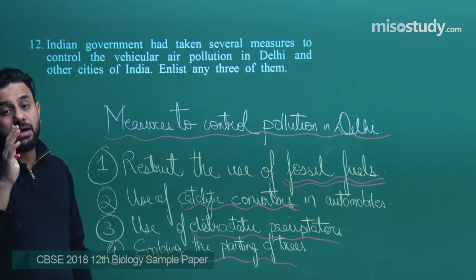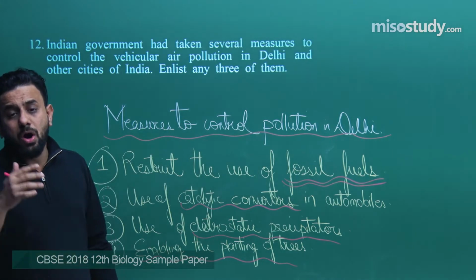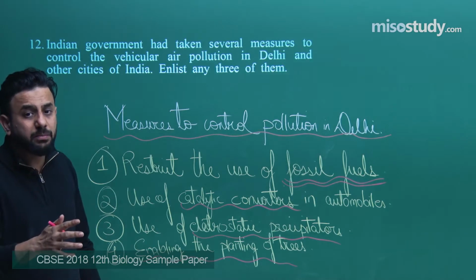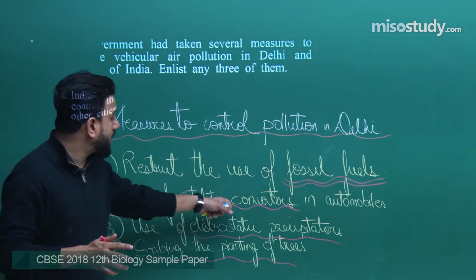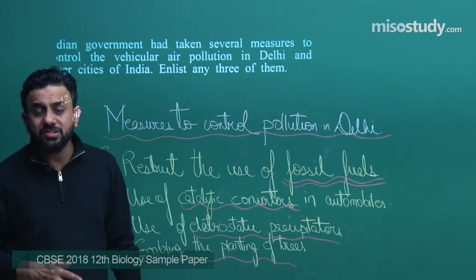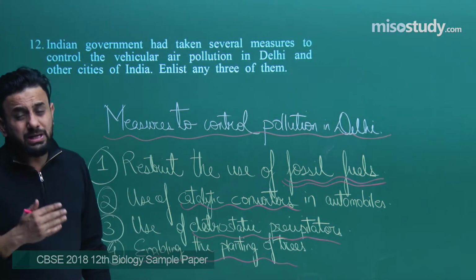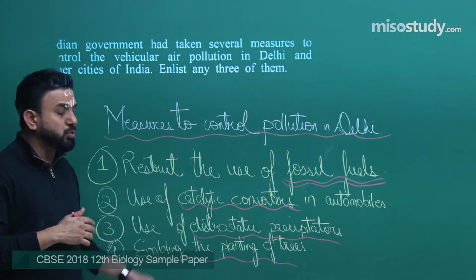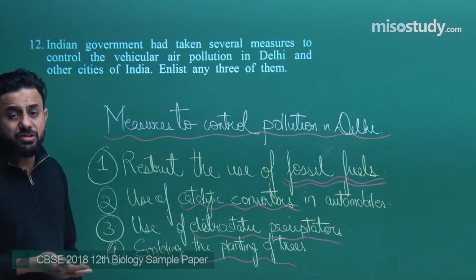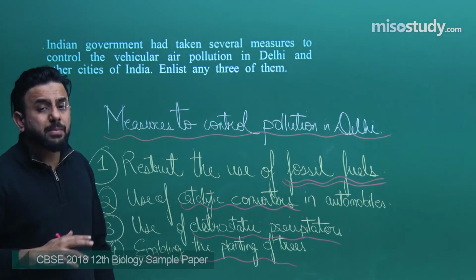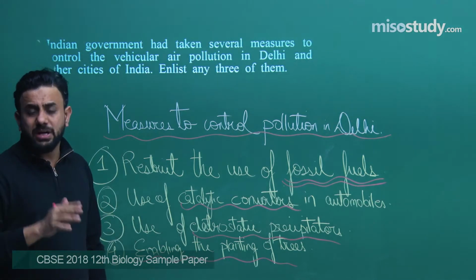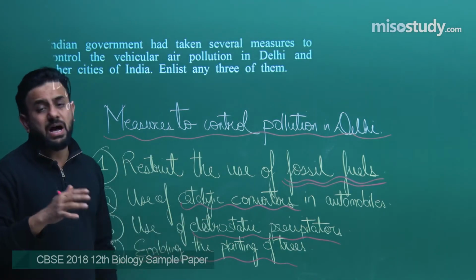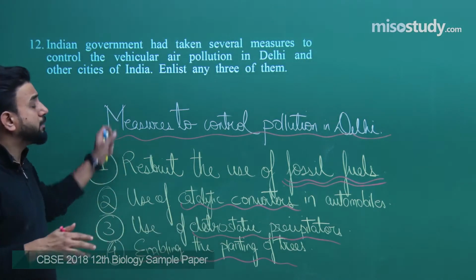Because it has catalysts like palladium or platinum, and with the help of these catalysts, it converts the more toxic gases into less harmful gases. For example, if carbon monoxide is produced, it will oxidize that carbon monoxide and produce carbon dioxide. Definitely carbon dioxide is less toxic than carbon monoxide, right? So hence these are also bringing down the pollution.